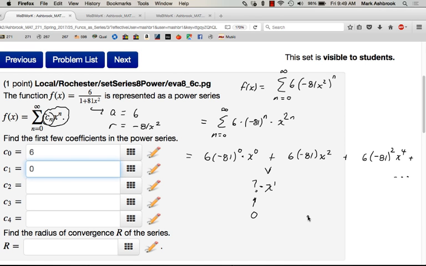So C2 is asking for the coefficient when the power of x is 2. What's the coefficient? 6 times negative 81. What coefficient of x cubed do I need to get exactly this sum? Another 0, right? There is no x cubed, so I have to make sure C3 is 0 so I don't have an x cubed term.